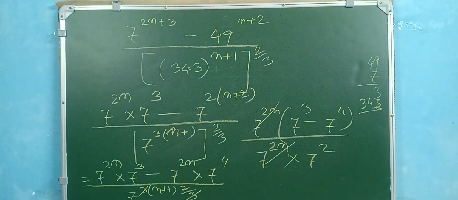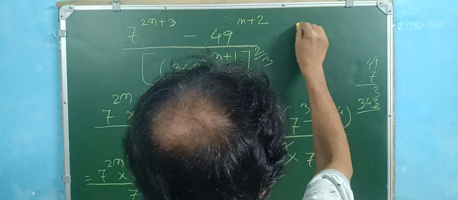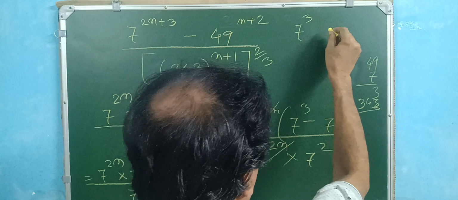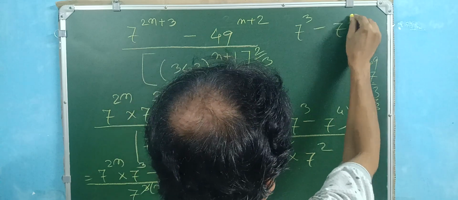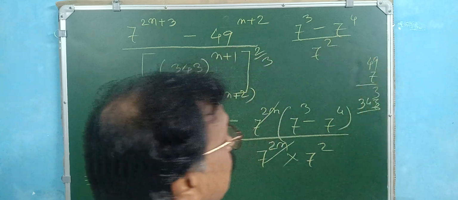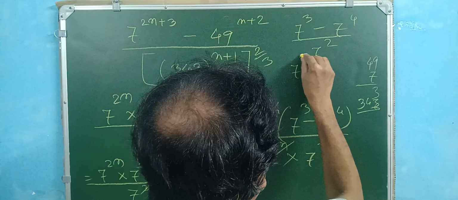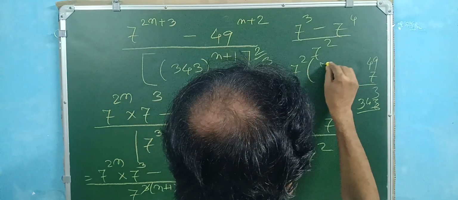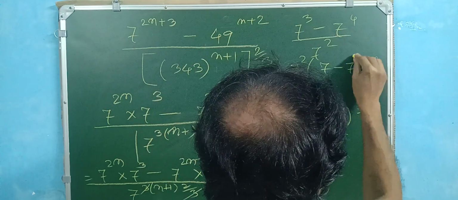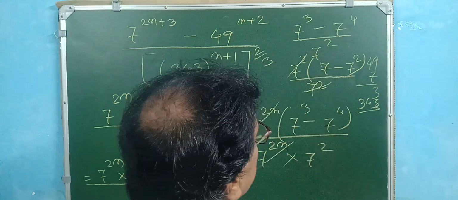Now the ultimate is 7 to the power cube minus 7 to the power 4, and this is 7 square. This is the ultimate thing. Okay. Now 7 to the power 2 is common, here is 7 minus 7 square, and here is 7 to the power 2. So this is cut.